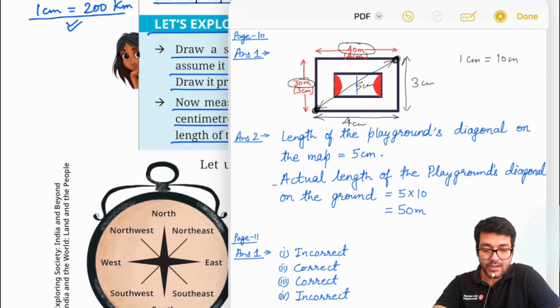That means 5 centimeter on the map is equal to 50 meters on the ground. You can write the answer like this. Length of the playground's diagonal on the map is equal to 5 centimeter. Actual length of the playground's diagonal on the ground is equal to 5 into 10 is equal to 50 meters.